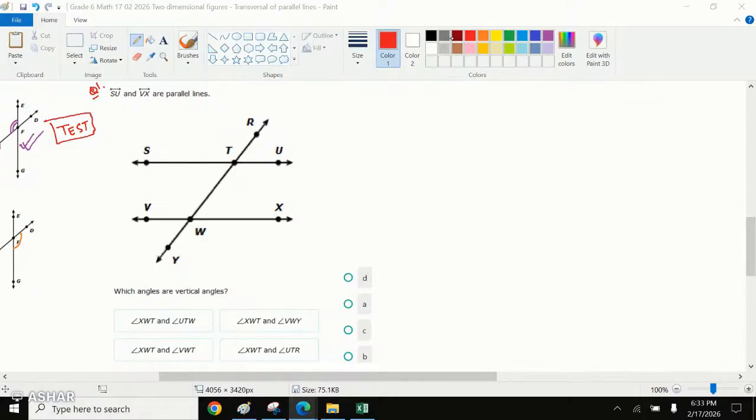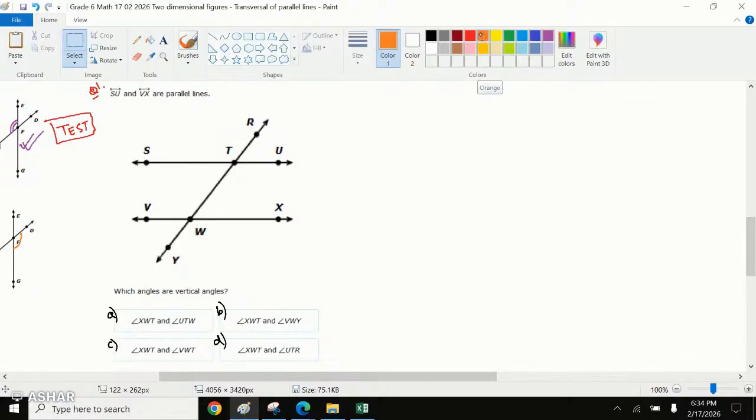If I would say the options given were A, sorry, B, C, and D. Which two angles are vertical angles to each other?